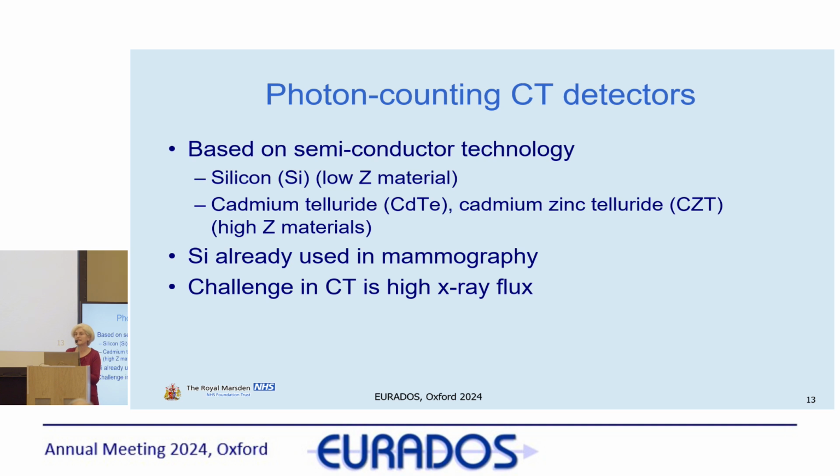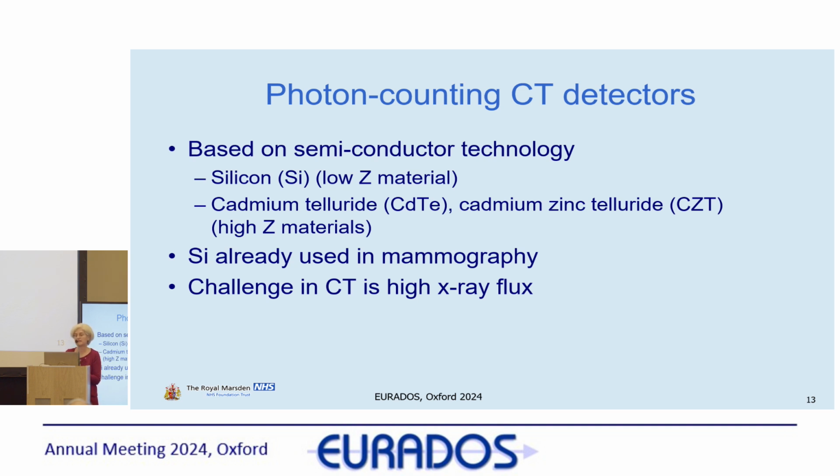Now, photon counting CT detectors have matured during the last 13 years, and what we now have available are photon counting CT detectors based on semiconductor technology. There are two types of material currently being developed.